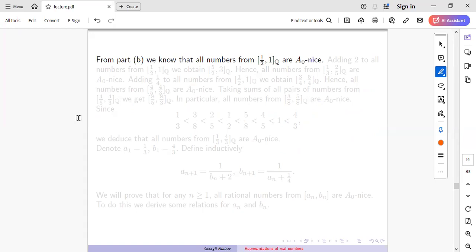And now we can take the set of all these numbers, take all possible sums, and take reciprocals and get more A0 nice numbers.